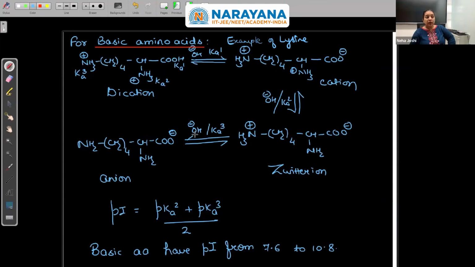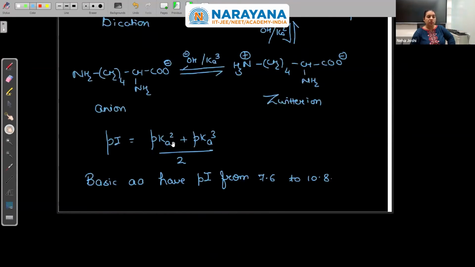Now I add more OH minus. Then I will have this NH3 plus also lost, so this is an anion. So the zwitterion is sandwiched between K2 and K3, so the isoelectric pH is (pK2 plus pK3) by 2. Clear? Whichever two K's the zwitterion is placed between, the average of those will give you the isoelectric pH.